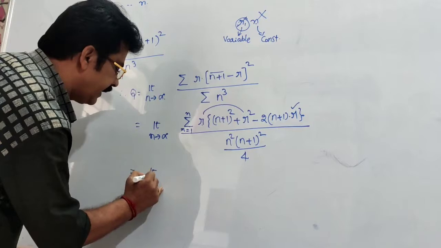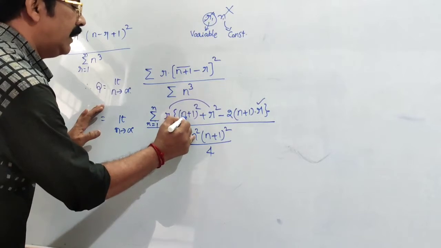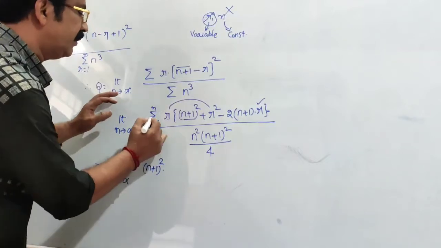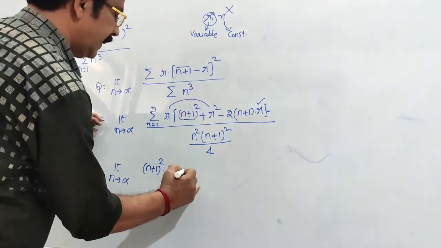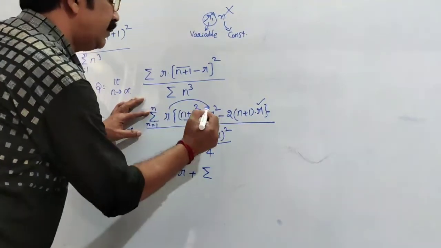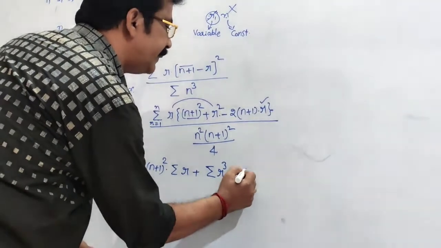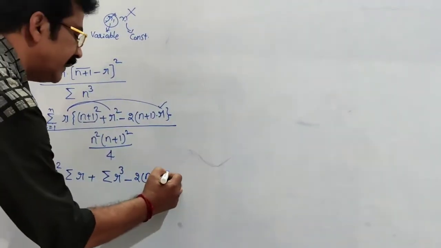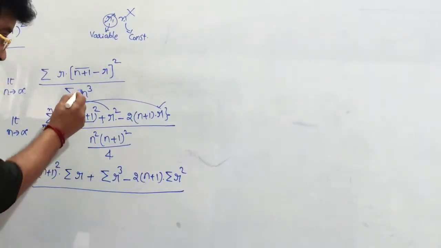So limit n tends to infinity of (n plus 1) whole square into sigma r, next plus sigma r into r square, that is r cubed, next minus 2 into (n plus 1) into r into r, that is sigma r square, whole divided by sigma n cubed.